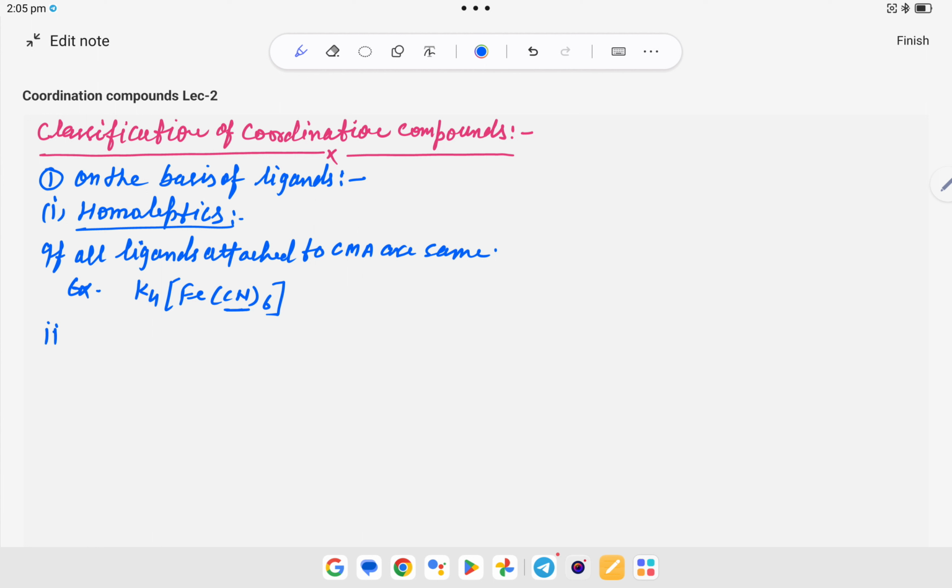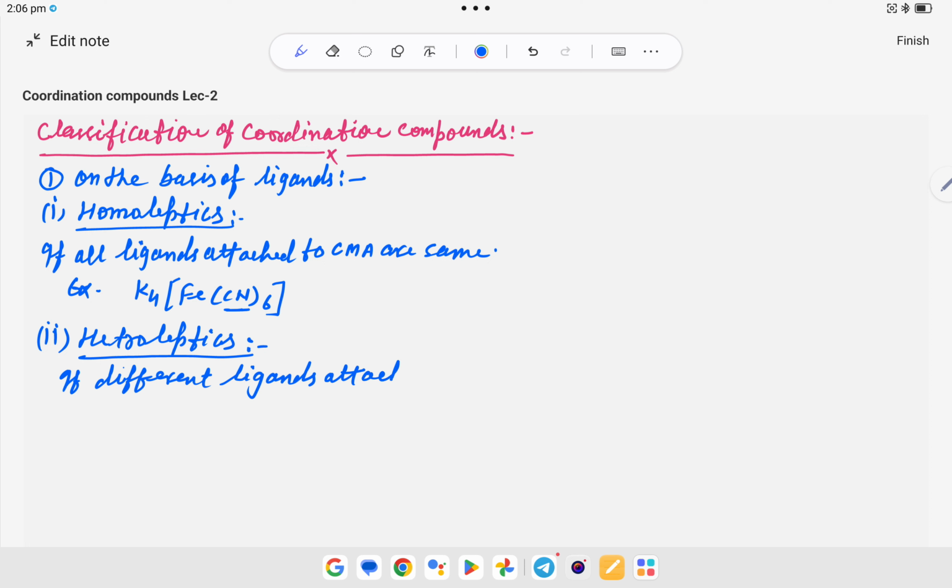Number 2, heteroleptic. Heteroleptic coordination compound if different ligands are attached to the CMA. Then that will be heteroleptic.